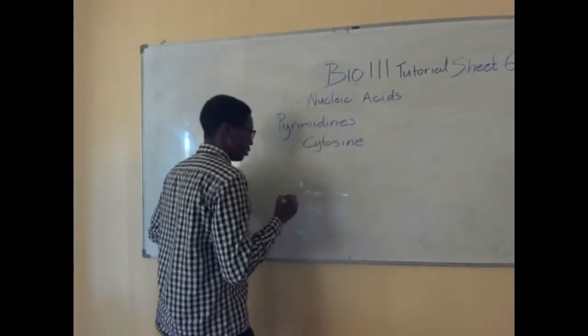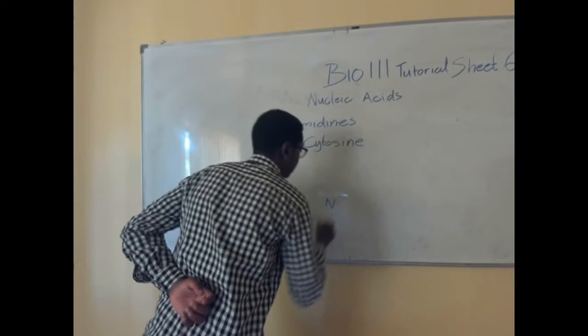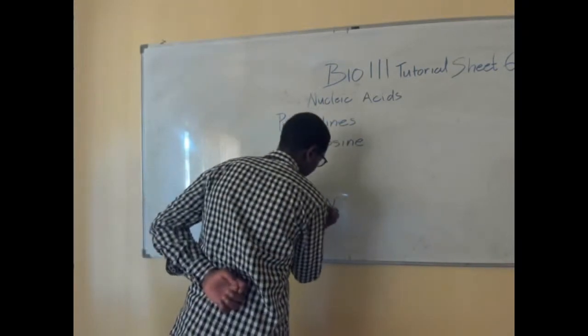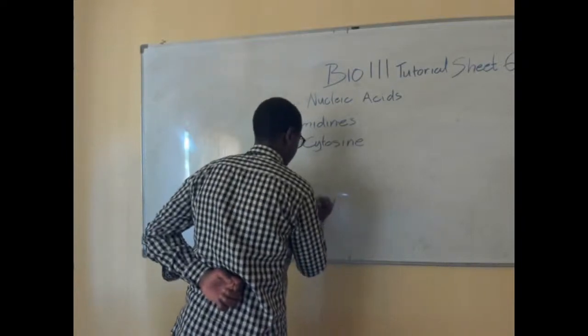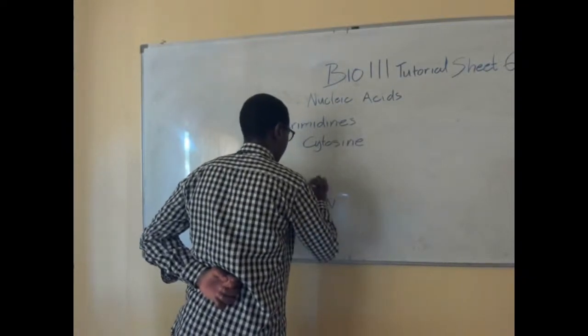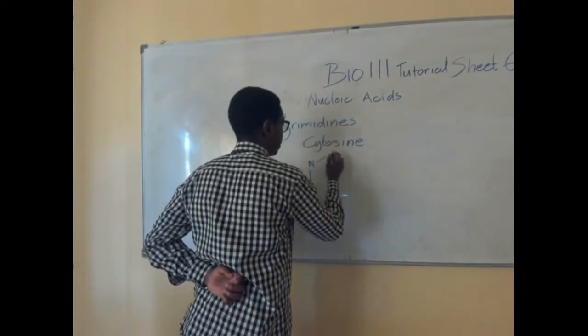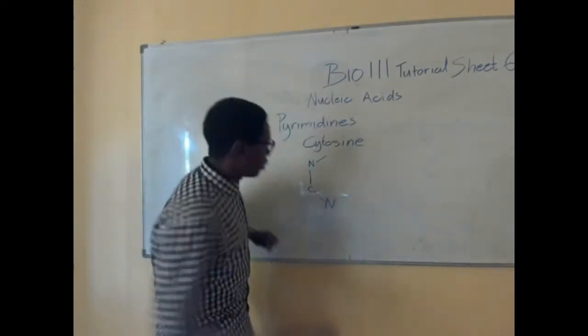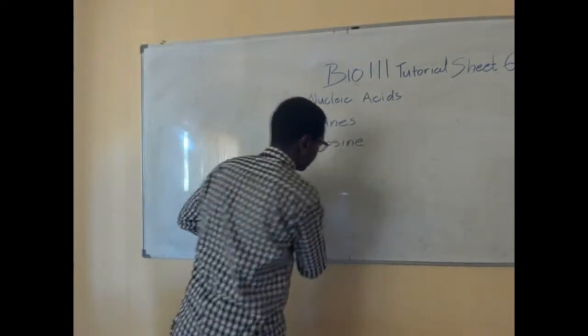Okay. So if you remember in the definition, we said they are aromatic in nature, which means they have double bonds, and their backbone, the ring structure, is made out of at least 2 different types of elements.